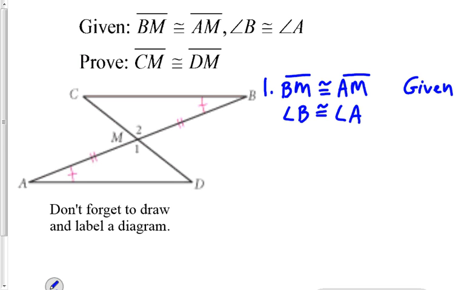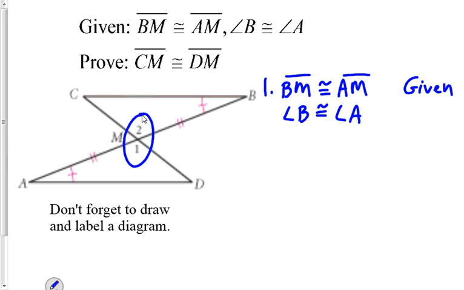Now looking at our diagram, I'm looking for other congruent parts that will allow me to apply one of my triangle congruent shortcuts to prove that the triangles are congruent, and therefore all their parts are congruent. As I look at this diagram, I can see angles 1 and 2 are formed by the intersecting segments CD and AB.